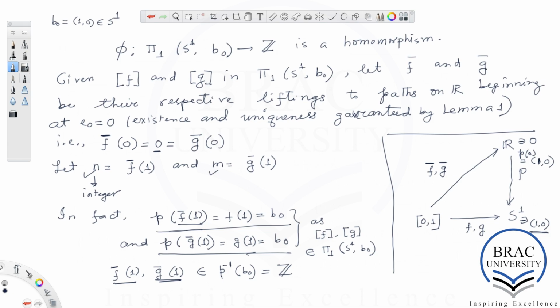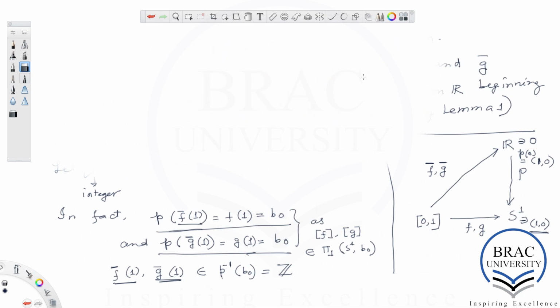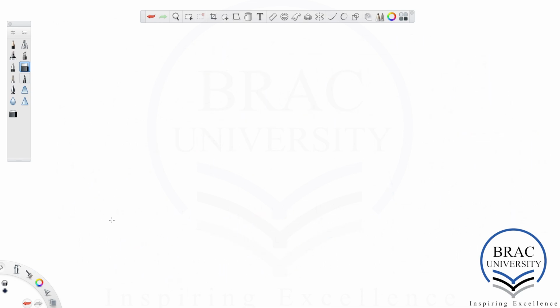Okay, so we have chosen n to be equal to f bar of 1 and we have chosen m to be equal to g bar of 1. In other words, from the definition of lifting correspondence, phi of the class of f is equal to n and phi of the class of g is equal to m.